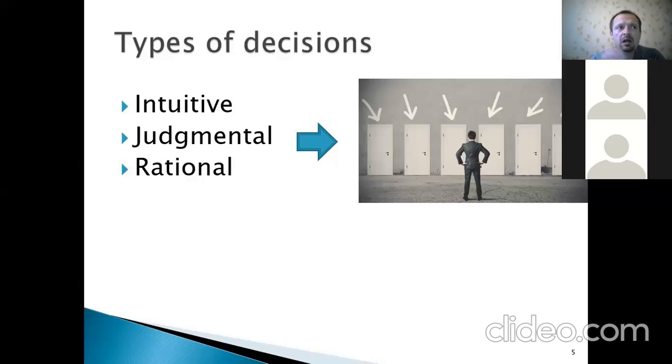For example, you chose this code yesterday and it was okay, and today you will take it only because yesterday it was completely okay. So generally, in any situation, it is possible to make 3 types of decisions: intuitive, judgmental, and rational.